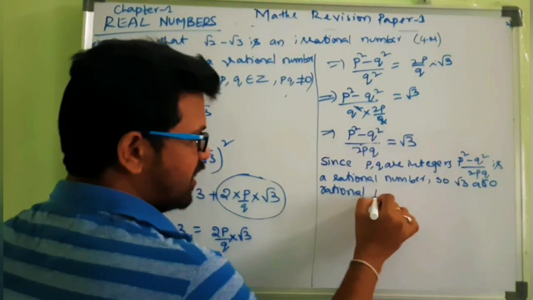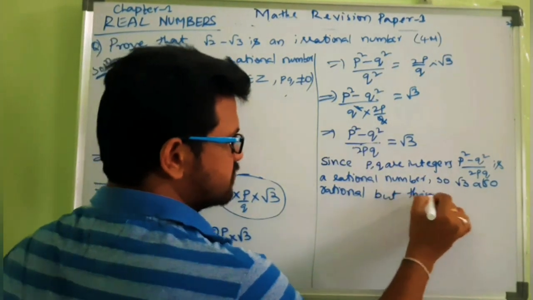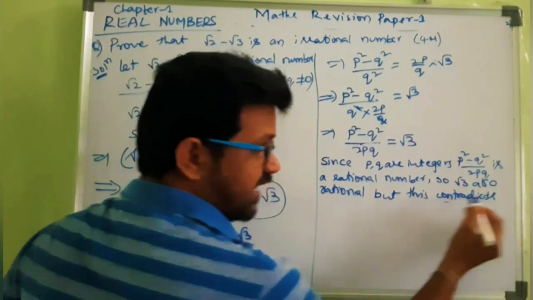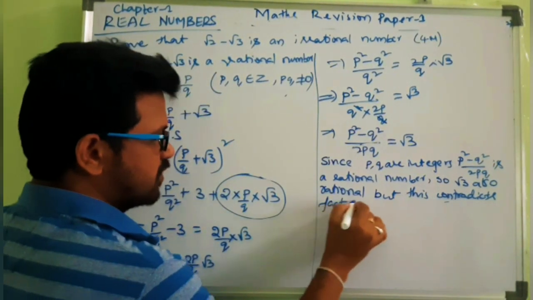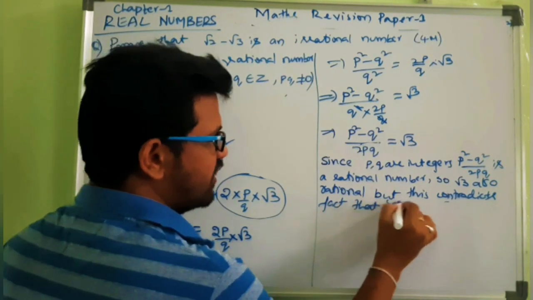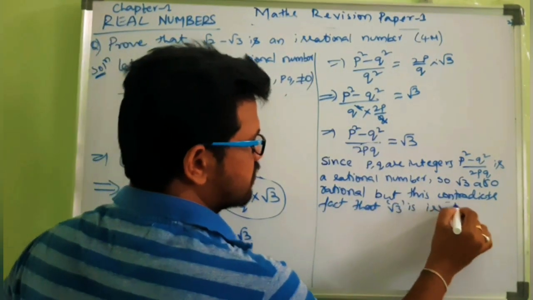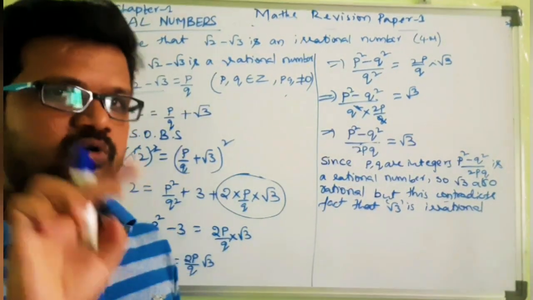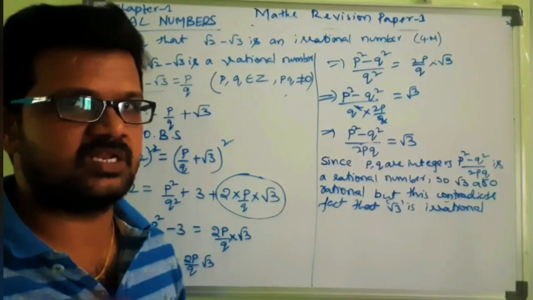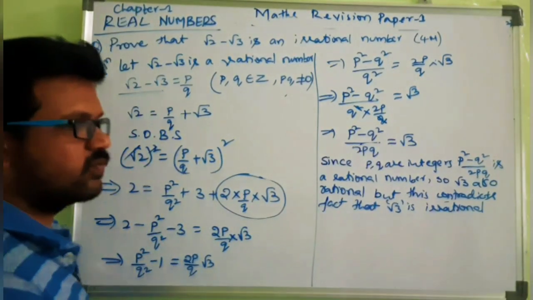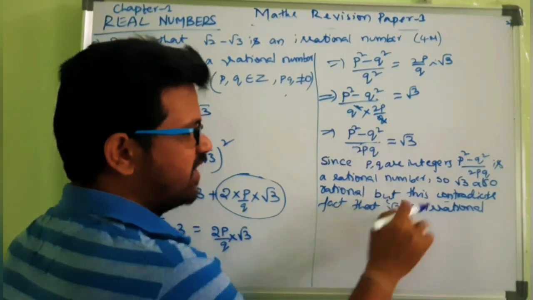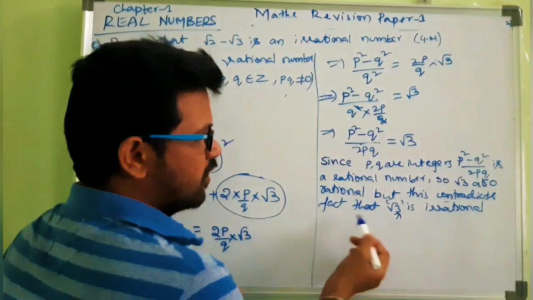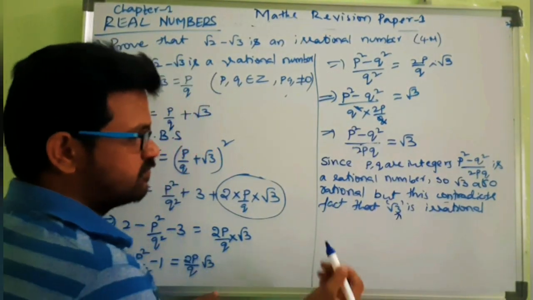But this contradicts the fact that root 3 is irrational. Why? Because we know that the square root of any prime number is always an irrational number. That is an axiom. Keep that in mind. So we know the fact that root 3 is irrational.